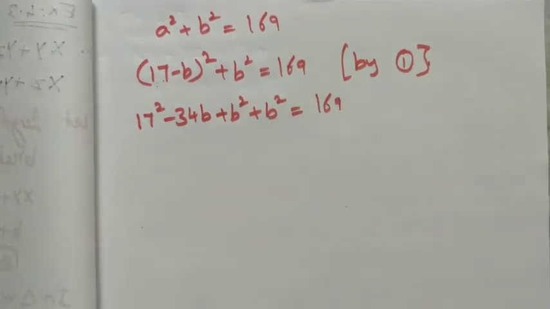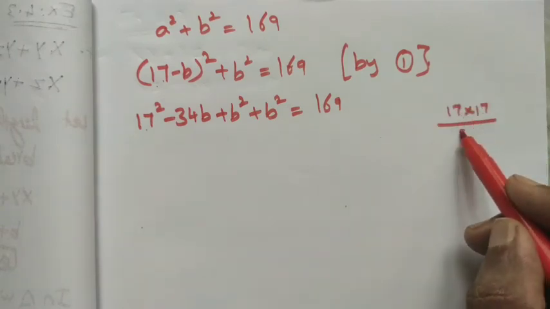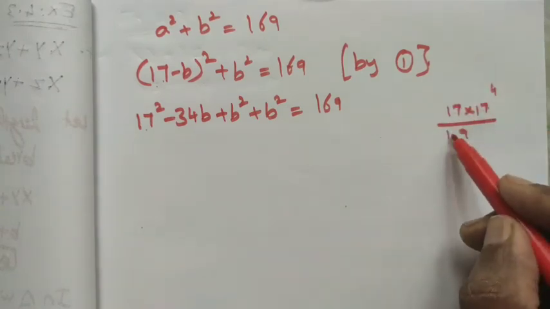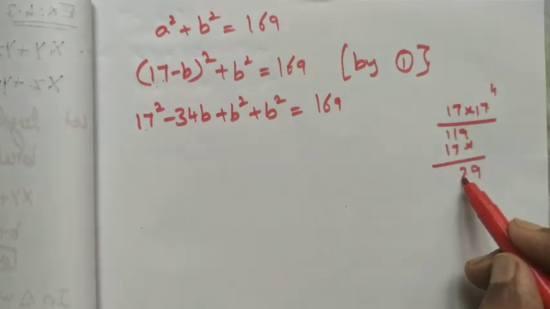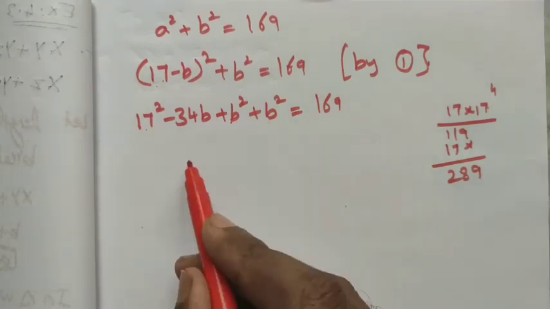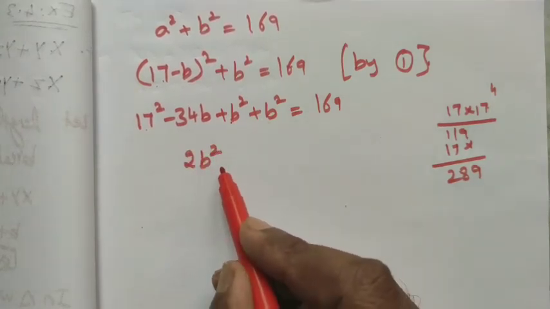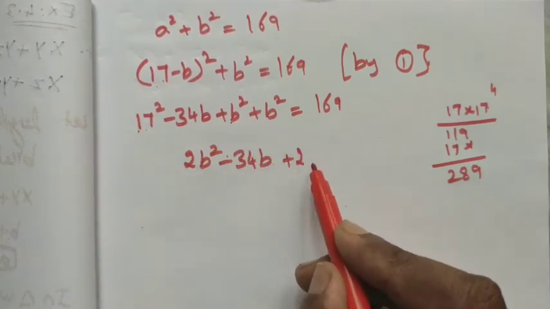Right? Now 17 into 17. 7 7s are 49, remaining 4. 7 1s are 7, that is 119, and 289. Here we have B square plus B square is equal to 2B square minus 34B, plus 289.